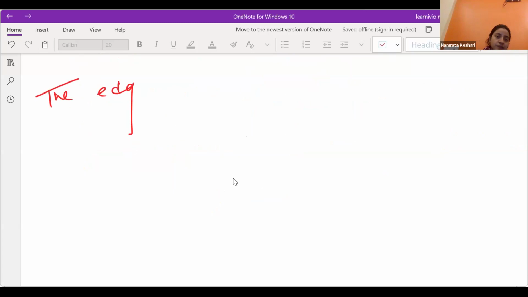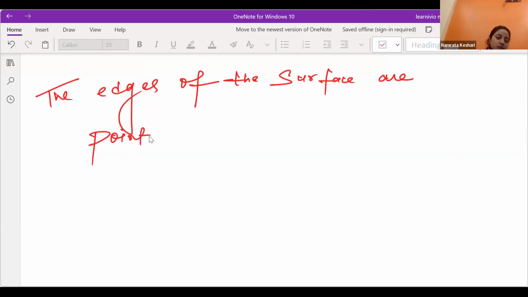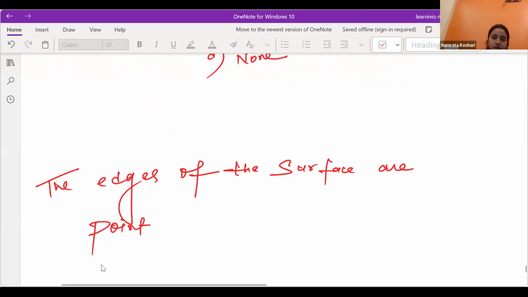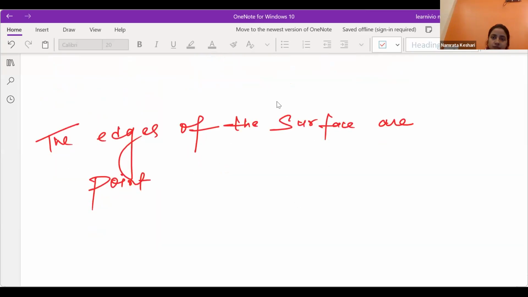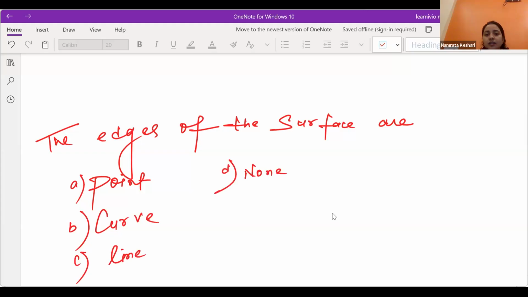The edges of the surface are point. Okay, read it carefully.